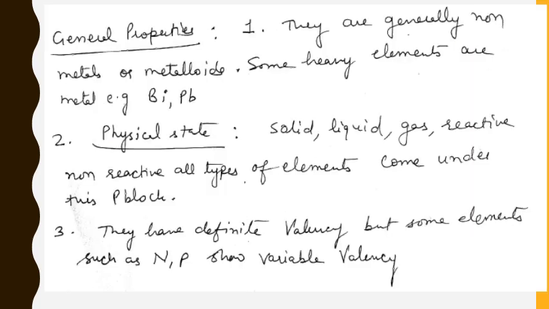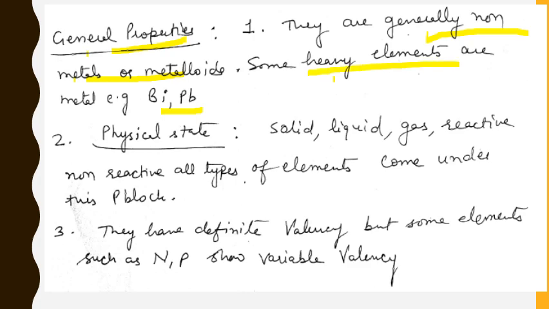So let's move to the general properties of these elements. They are generally non-metals or metalloids. Some heavy elements are also present in this block, like bismuth and lead. These are heavy metals.